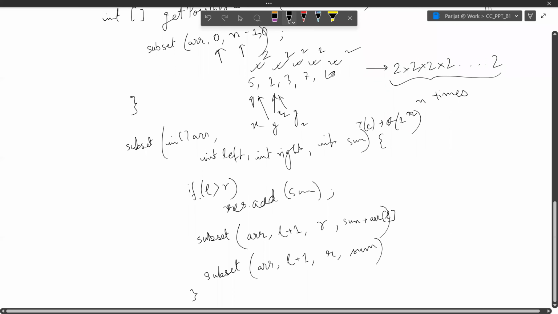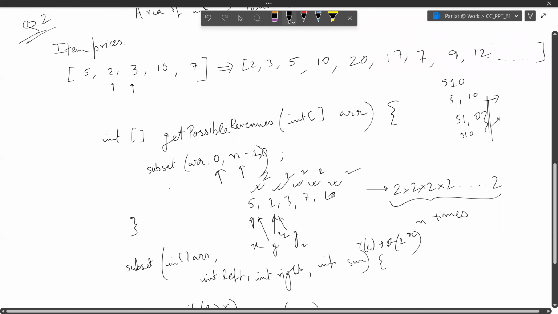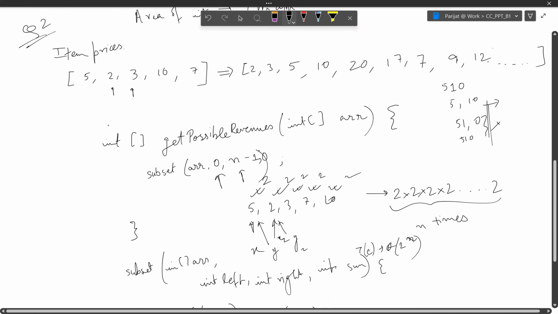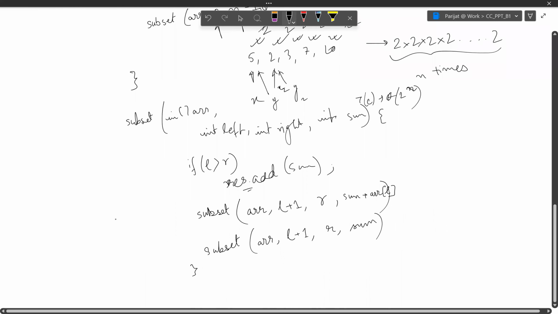And whenever we see that L is greater than R, we say results.add(sum). So the result can be a static array outside everything. We can have a results here, and that can get updated. It can be a list.